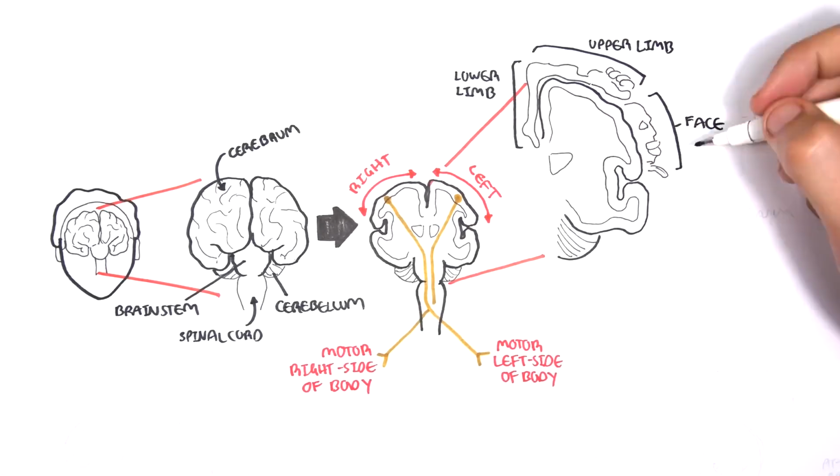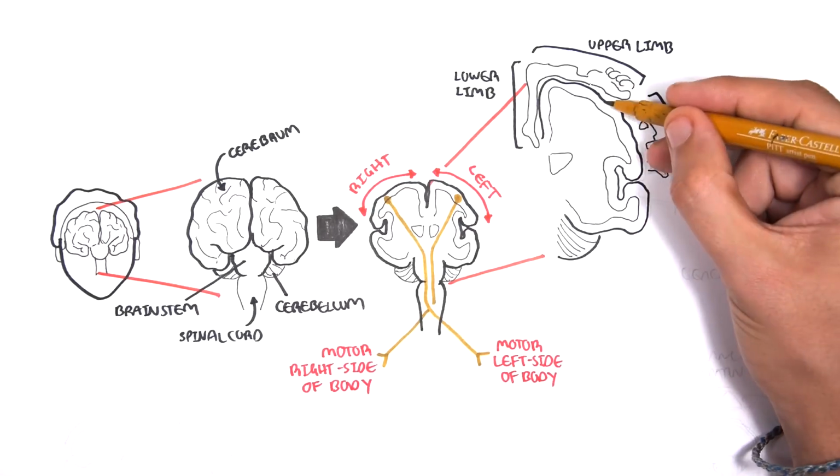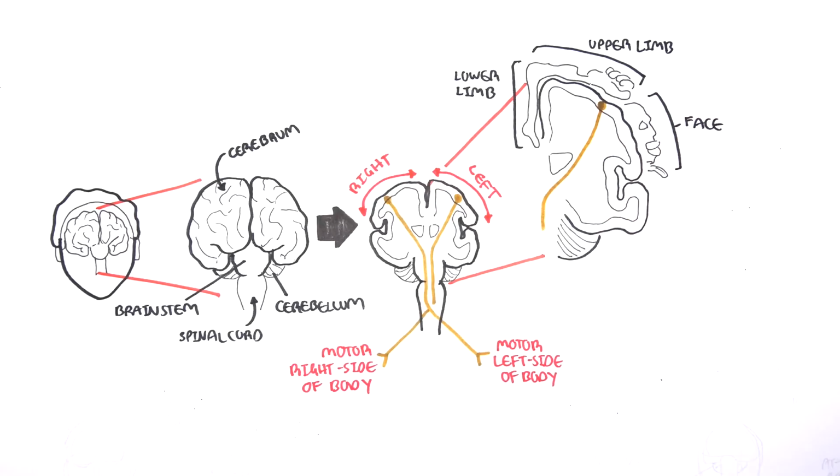So, if a neuron is arising from the upper limb area here on the left motor cortex, which is the area of the hand, it means that the neuron will supply motor to the hand on the right side, because remember, it's supplying the opposite side of the body.